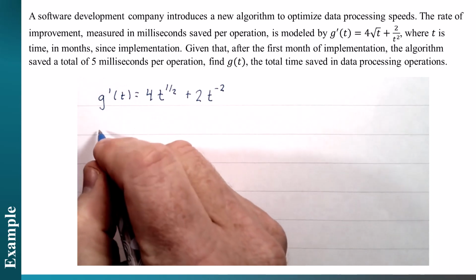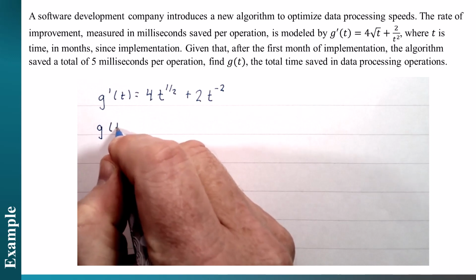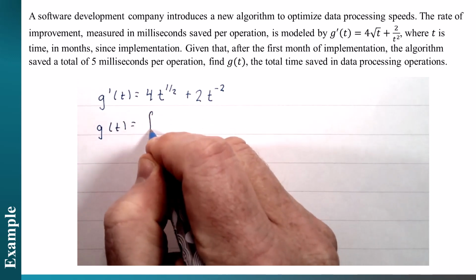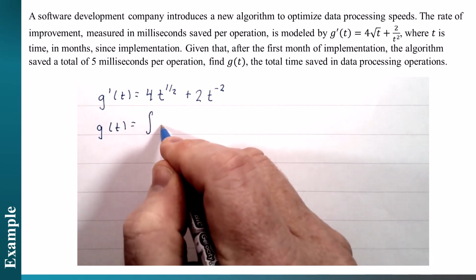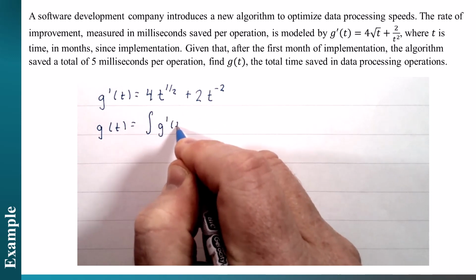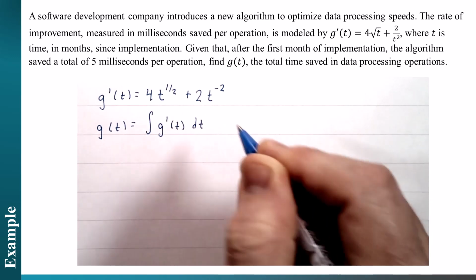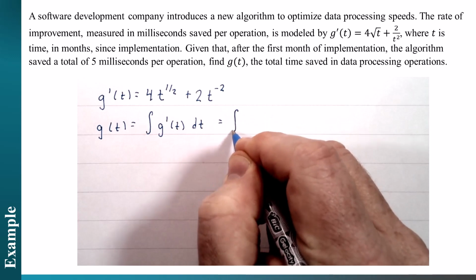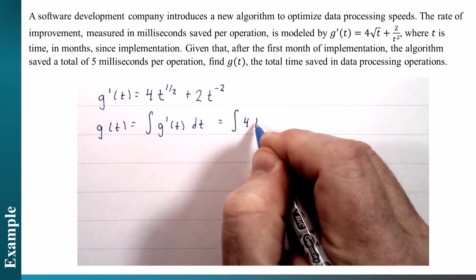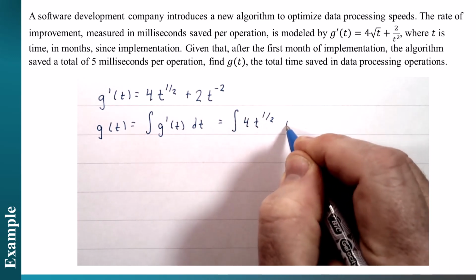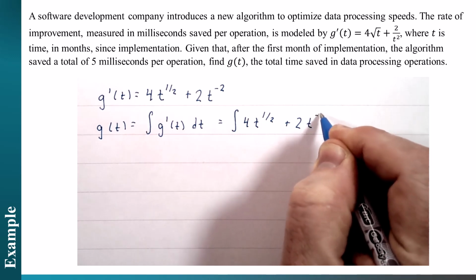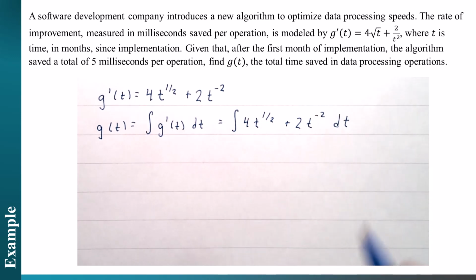Well, now we know that g of t is the antiderivative, or indefinite integral, of g prime of t. So we have here the integral of 4 times t to the 1/2 plus 2 times t to the negative 2 with respect to t.